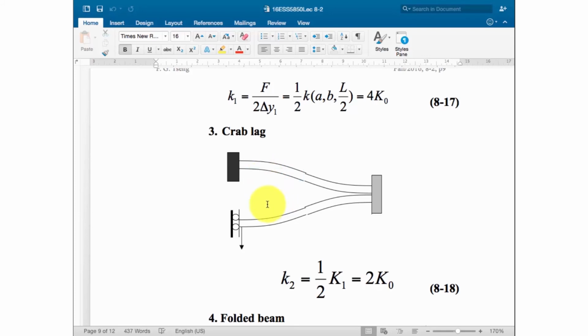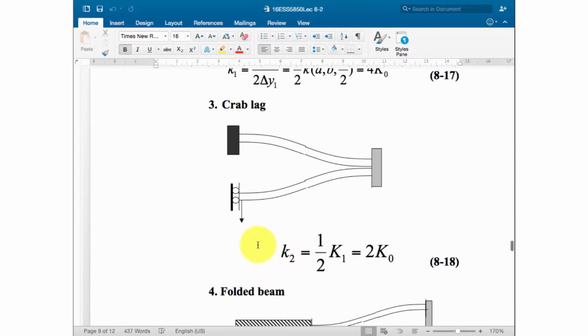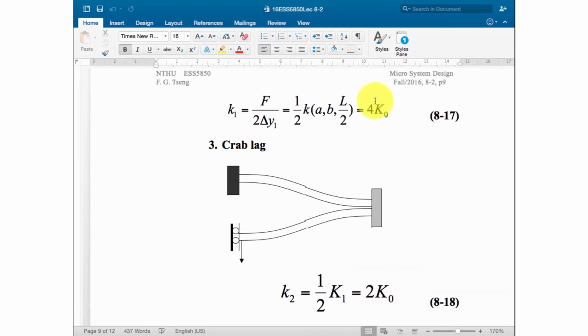So for the series connection, the second spring constant K2 becomes 1/2 of K1, even softer. So the spring constant becomes 2K0, where the original K1 is 4K0.